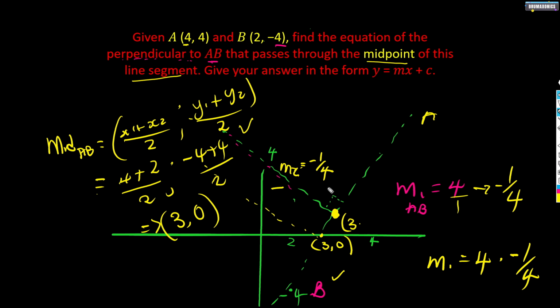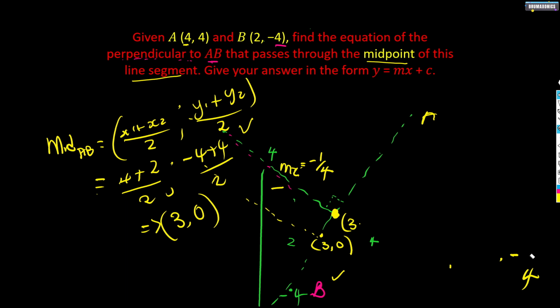So let me erase the board. I'm actually taking my time so that you can understand how this works, right? Now we are going to use the value here and M2 here to find the equation of the perpendicular line to AB. So we can substitute into the equation here. This equation will be 0, which is equals to, what is our m?